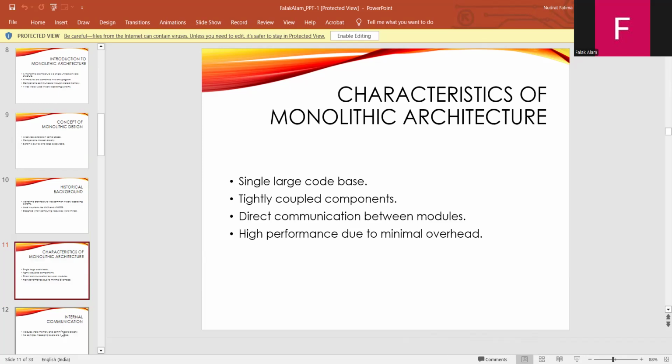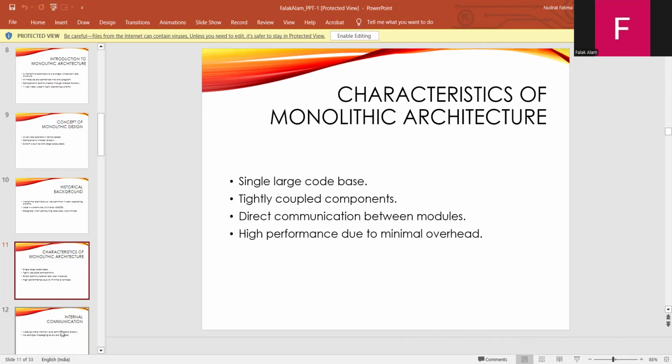The next point is tightly coupled components. Since the components are tightly coupled, they depend heavily on each other, and the dependency on each module is very high. Third, direct communication between modules.